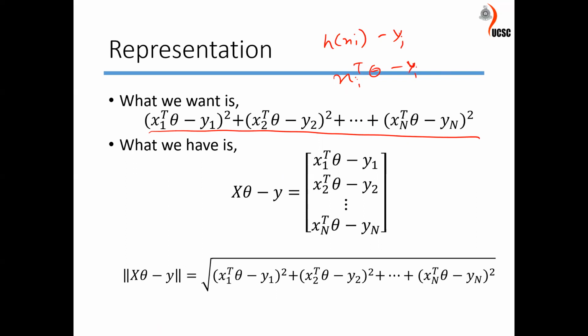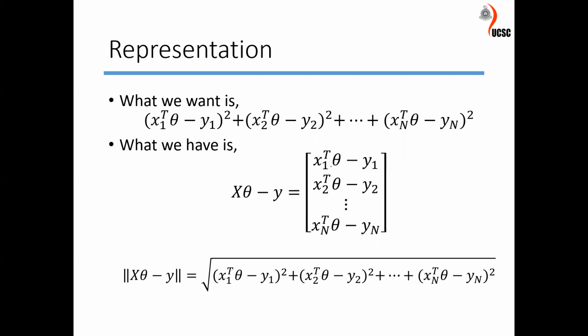Now we need to come up with a simpler form. So this is what we want, but we have this one, x theta minus y. So this is a vector, right?